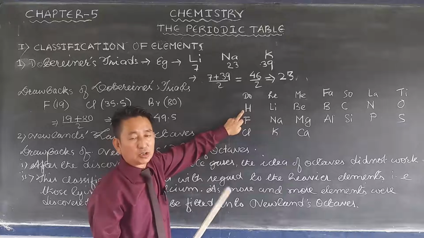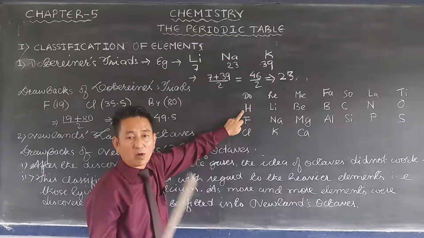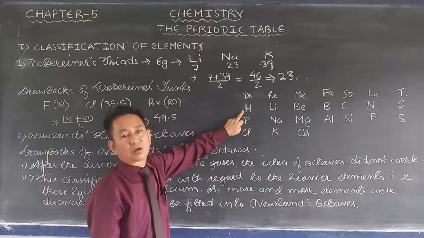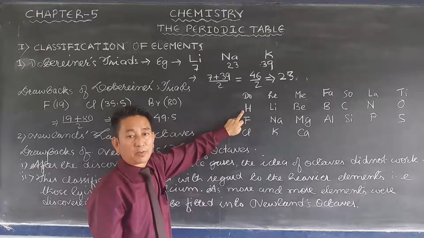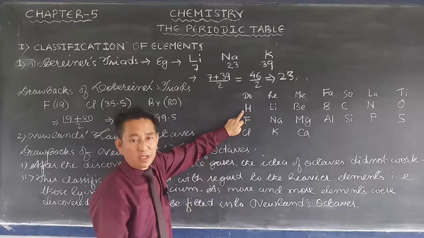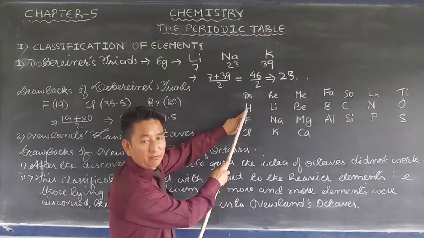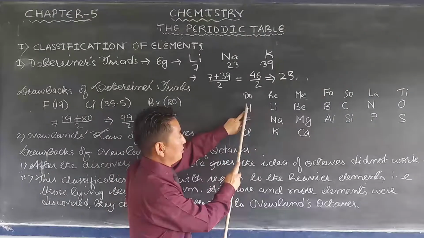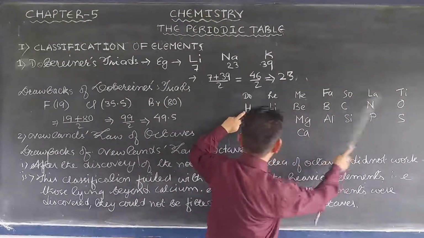According to this law, when the elements are arranged in the increasing order of their atomic weight, the properties of the eighth element are similar to the starting element. First, second, third, fourth, fifth, sixth, seventh, eighth.